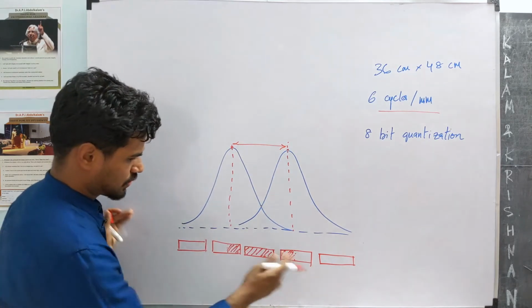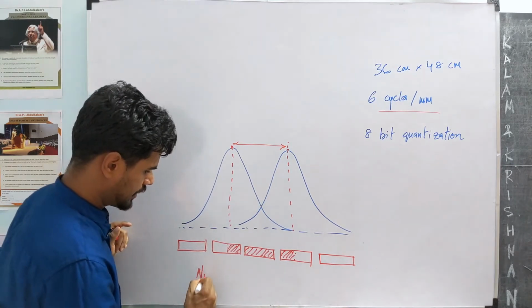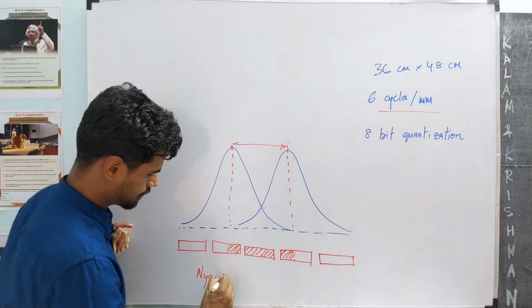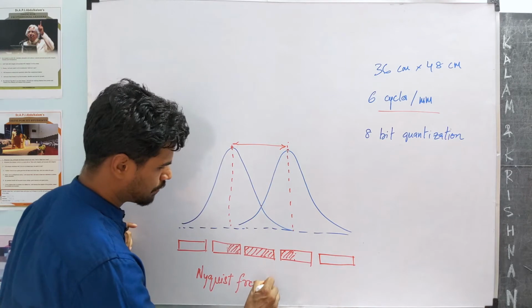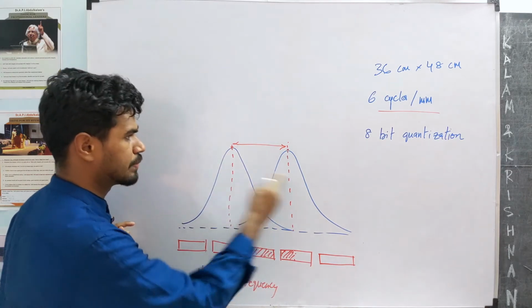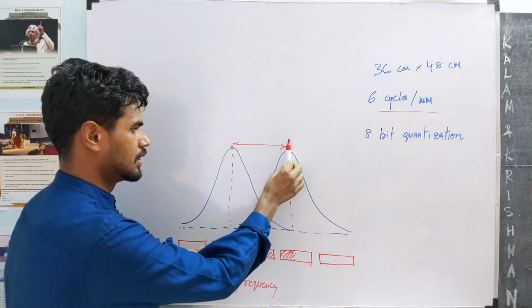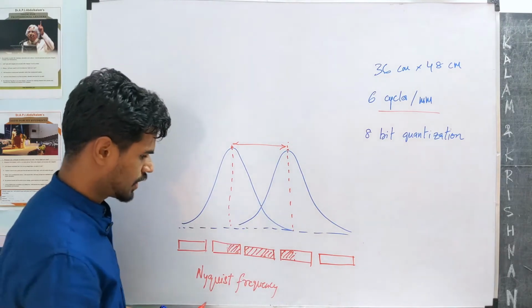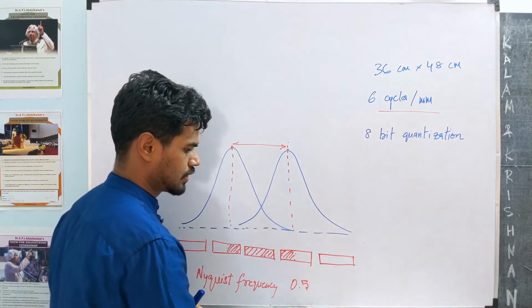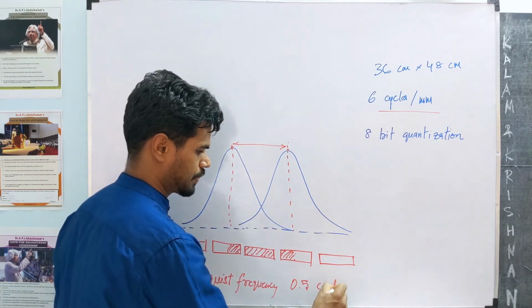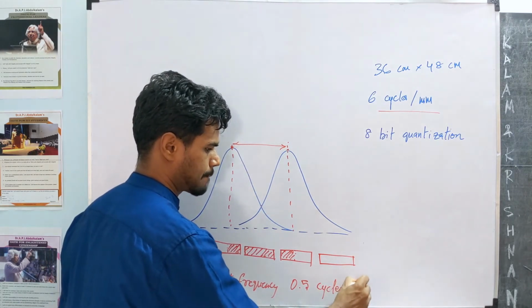This is what is known as the Nyquist frequency. If the pixels are bigger than this, we cannot distinguish these point sources, and this is 0.5 cycles per pixel.